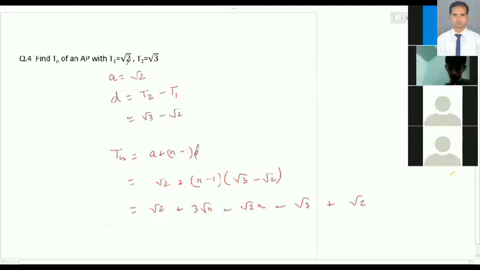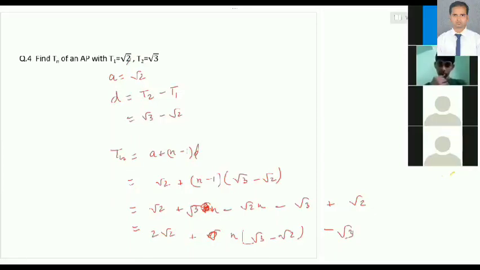Root 2 and root 2 will be 2 root 2. If you take root 3 common in n terms, this is root 3n. Then if you take n common in this, you will get root 3 minus root 2, minus root 3. This will be your answer.